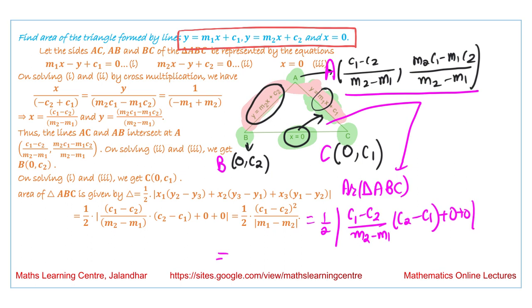So the answer we obtain is 1 by 2 c1 minus c2 square divided by m1 minus m2 mod. This is the required area of this triangle, whose three sides are given by these three equations.